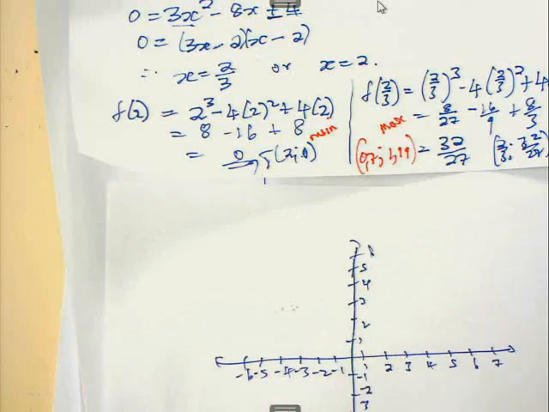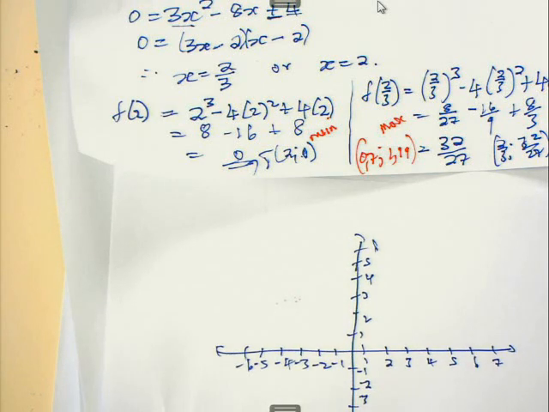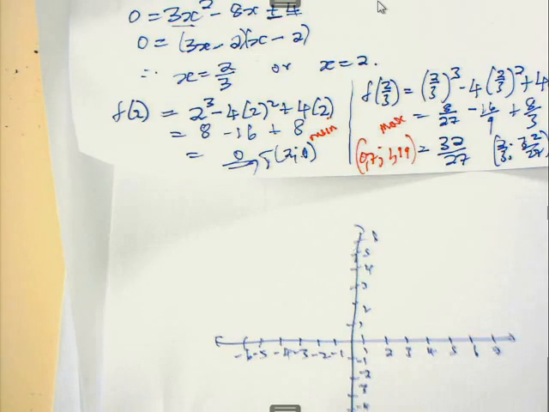Of course, you know that when you go to the right, x is positive, and when you go to the left, it is negative. The same applies up, y is positive, and below the x-axis, it is negative.